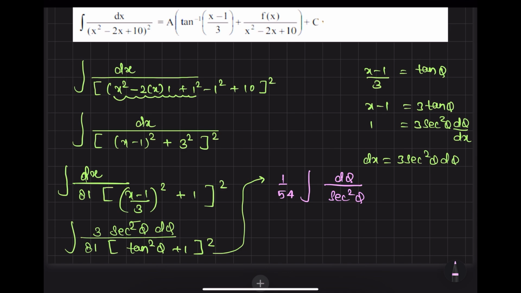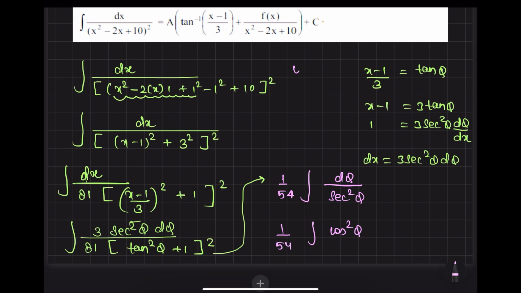Is that okay? Now send this sec² theta to the numerator, because we don't know the integration of 1 by sec² theta. So it is 54. Now it will become cos² theta. Now you know how to integrate cos theta, but you don't know how to integrate cos² theta. So have you ever seen cos² theta in any formula?